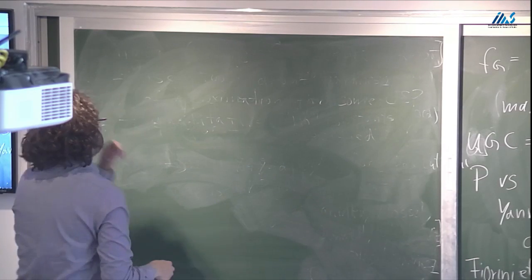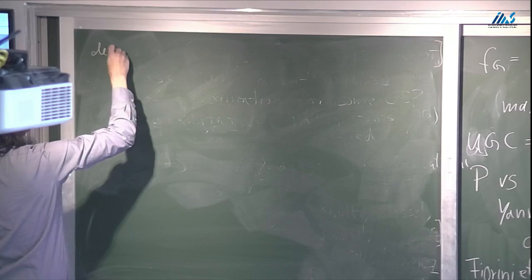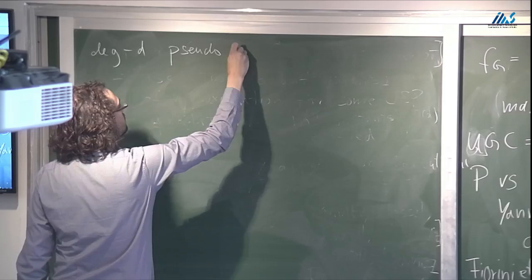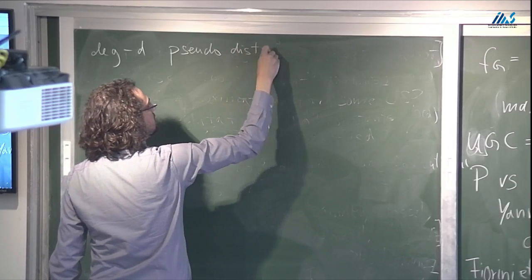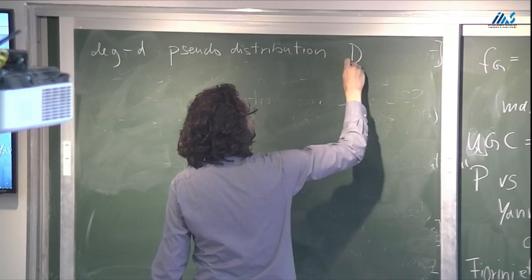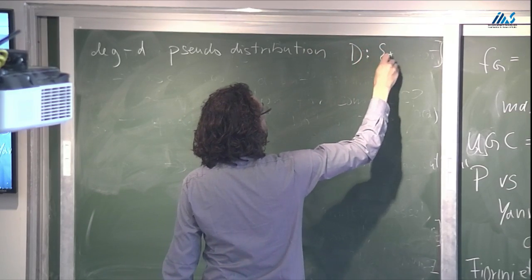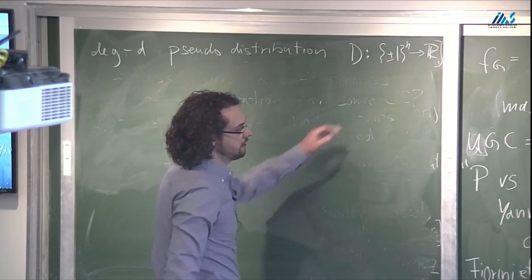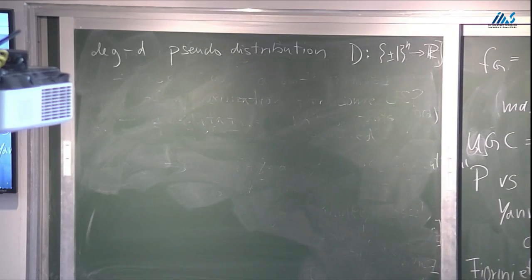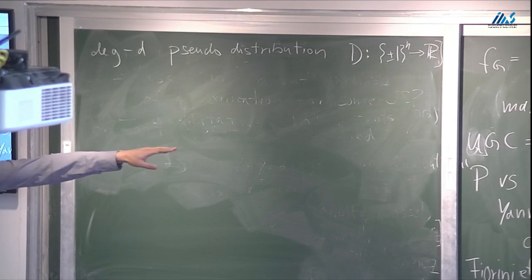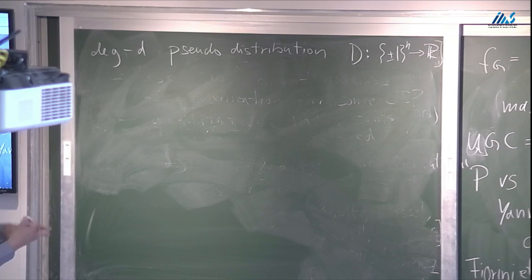Now, what is a degree d pseudo-distribution? It's also a function on the hypercube. But it will turn out that unlike here, it can have negative values. In terms of the functional definition, it looks very similar to an actual distribution.